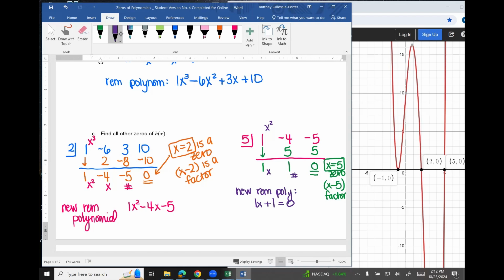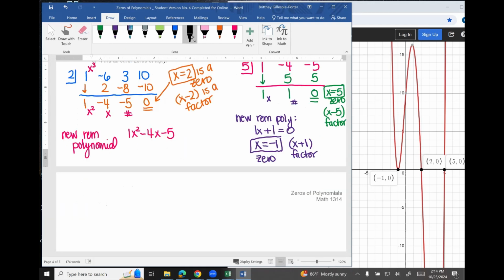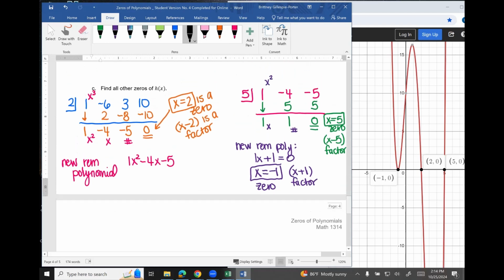All the same thing. Subtract the 1 and we get x is equal to -1. Which means that x equal to -1 is a 0, and x plus 1, or 1x plus 1, is a factor. We found all the factors. We found the zeros. We found 4 zeros.